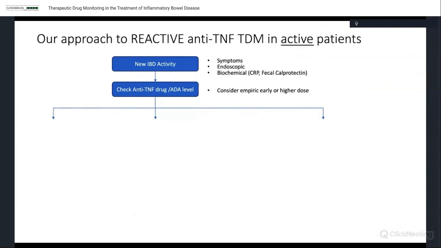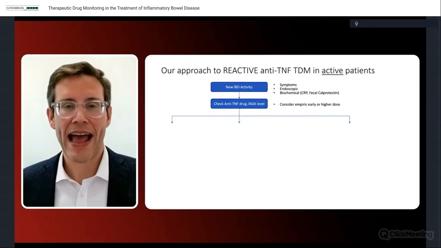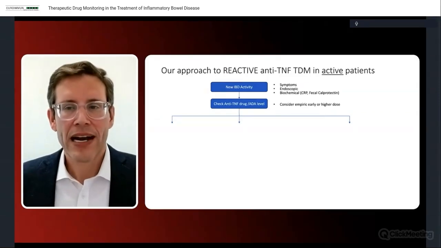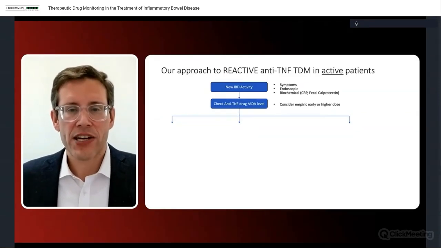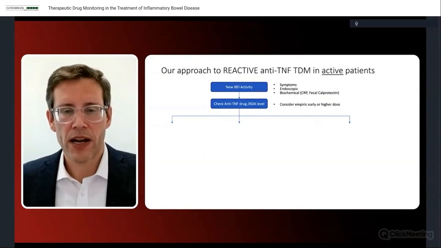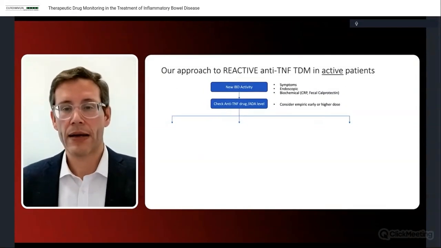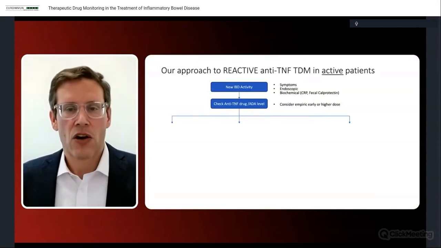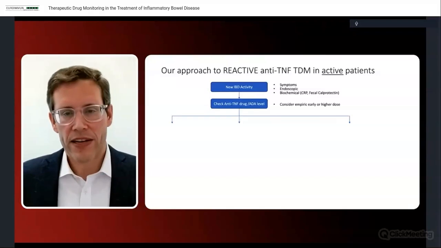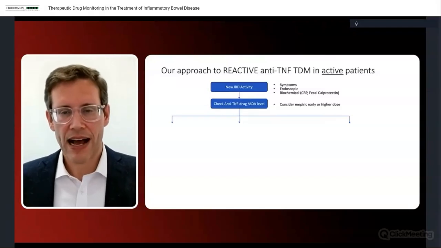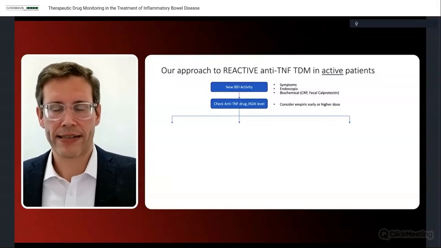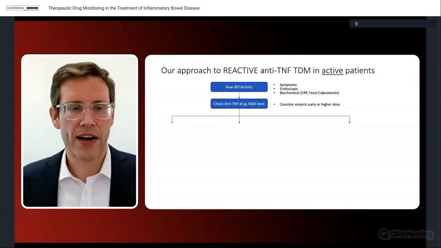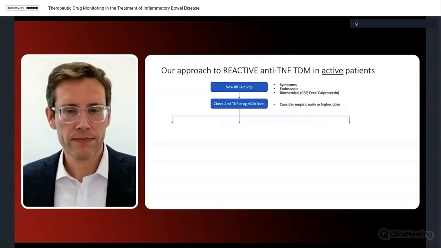Now let's discuss our approach to reactive anti-TNF therapeutic drug monitoring. And this is in active patients. When I say active patients, it's not just patients with symptoms, but also patients with worsening endoscopic activity or persistent endoscopic activity, or patients with biochemical evidence of disease exacerbation, high CRP or fecal calprotectin, where there's not another cause identified.